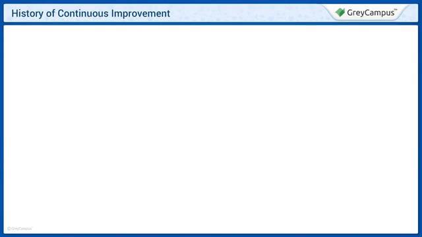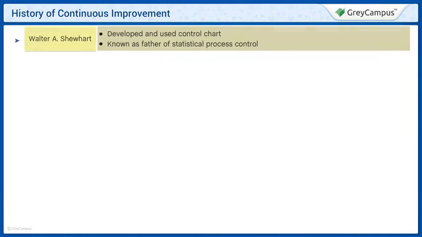The milestones in the history of continuous improvement and their impact on other improvement models. Walter A. Shewhart worked at the Hawthorne plant of Western Electric, where he developed and used control charts. He is sometimes referred to as the father of statistical process control because he brought together the disciplines of statistics, engineering, and economics.